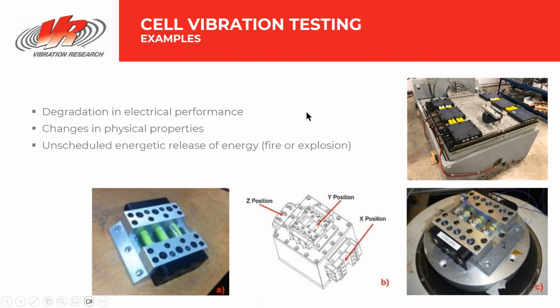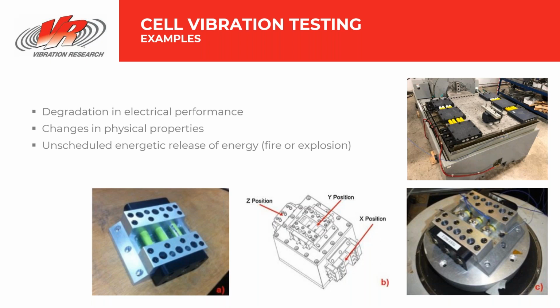Okay, cell testing level. Here are a few examples of cell vibration test fixtures. Generally, cell level vibration is done either for transport clearance of packaged cells going out for transport, or for looking at electrical performance and physical property changes within a battery, and obviously unscheduled energetic releases of energy, fires and explosions.